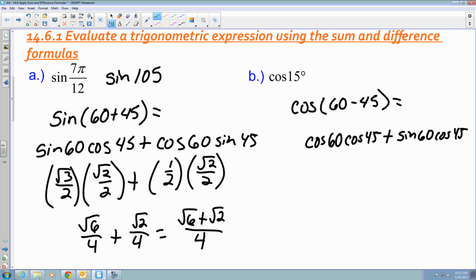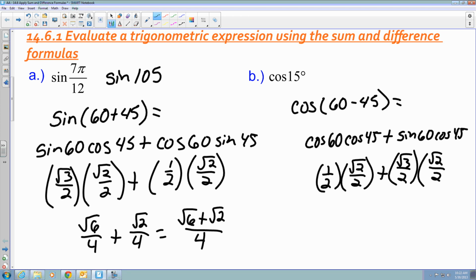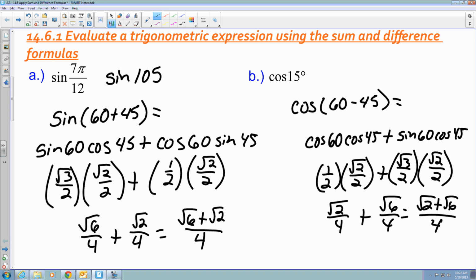And these are special trig ratios, so cosine of 60 is 1/2 multiplied by the cosine of 45, which is square root of 2 over 2, plus sine of 60 is square root of 3 over 2, multiplied by the sine of 45, which is the square root of 2 over 2. Multiply these out. This gives me square root of 2 over 4 plus the square root of 6 over 4. And combine them, it's going to be the square root of 2 plus the square root of 6, all divided by 4. Happens to be the same answer.